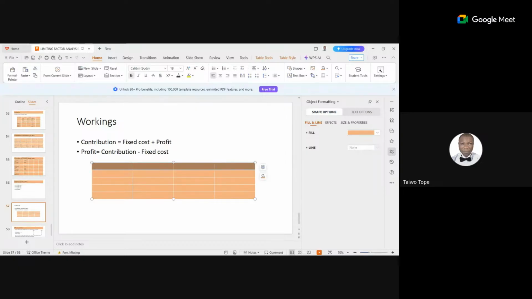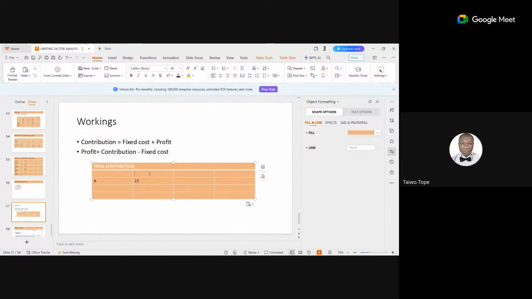Let me make this total contribution. Now for product A, it will be 21 naira. Sorry, let me define it well so that everybody will not have any confusion.